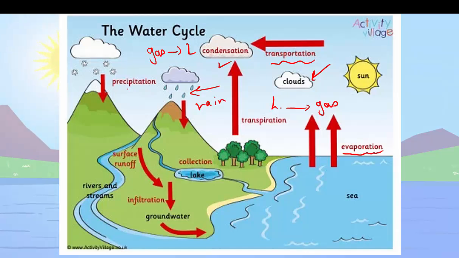We call it precipitation. This rain falls on water to form lakes, rivers and streams, and then finally groundwater. We call it surface runoff. So this water returns again into seas, lakes or oceans to take another cycle of evaporation, then condensation, then precipitation, and then surface runoff. We call it the water cycle.